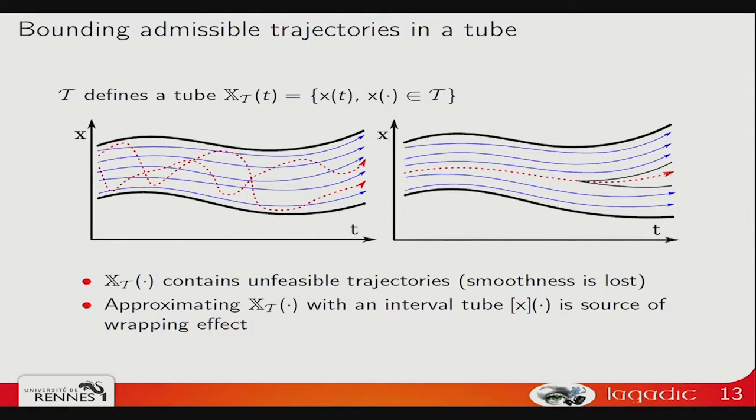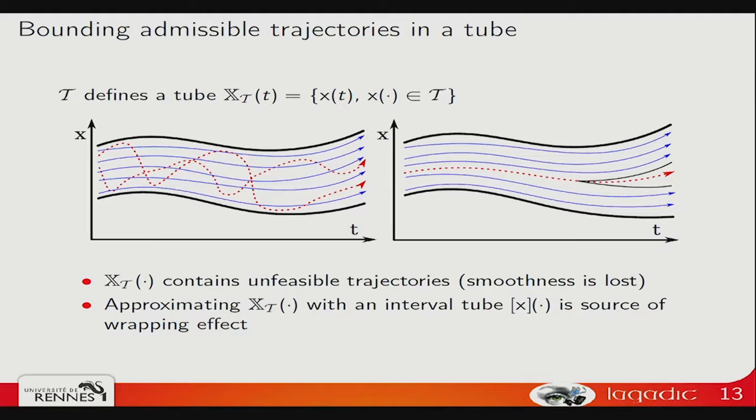So when I talk about defining a tube, if we only consider the tube and not the set of feasible trajectories, we see that the tube only represents the feasible states at each time. In the tube you also have unfeasible trajectories, in addition to the set of feasible trajectories.